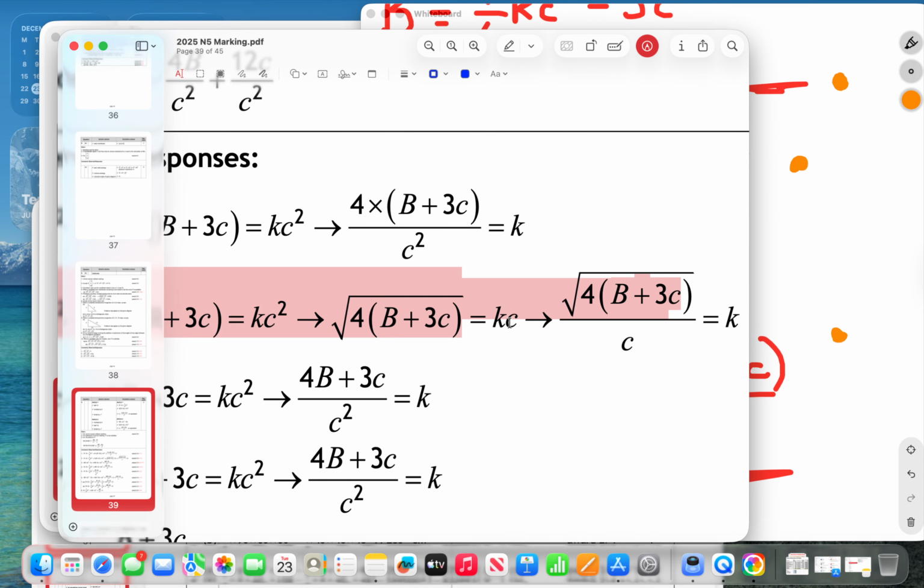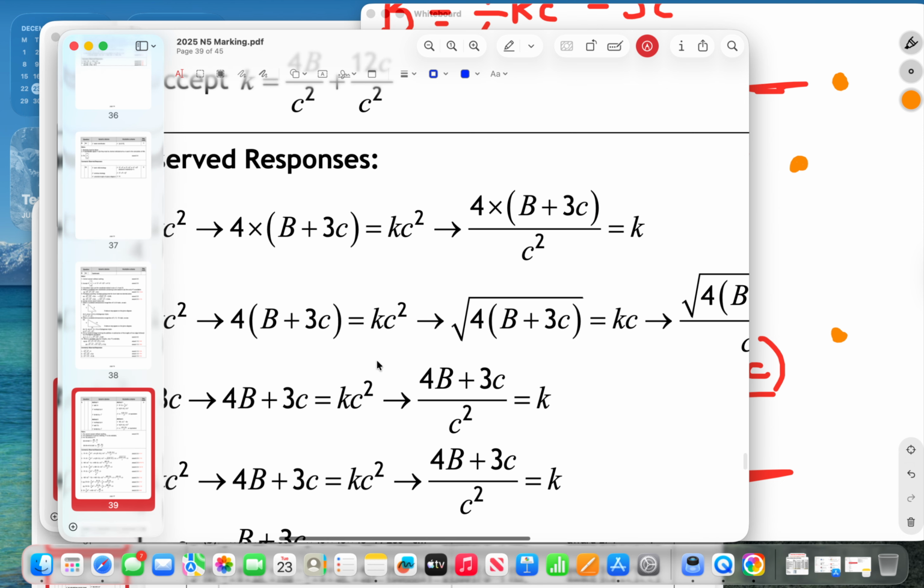If you have a look at this line, they've taken the square root of this, but they've not taken the square root of kc squared. They've taken the square root of c squared and then multiplied that by k, but you have to take the square root of k and c. But once you take the square root of k, that's then useless, because you want to find k on its own on the left hand side, written as k, not as the square root of k.